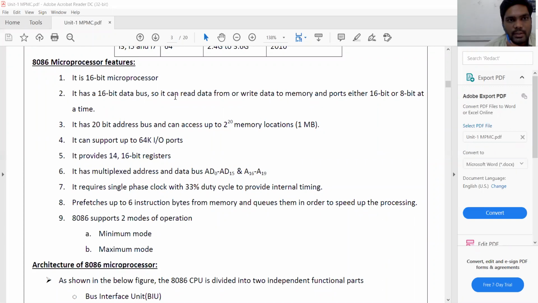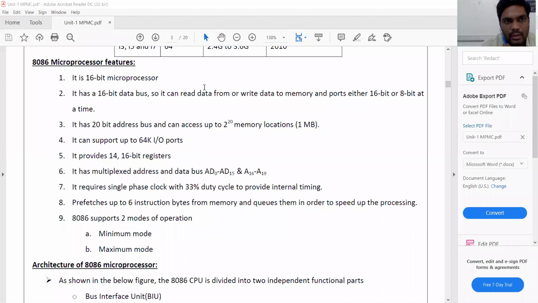So, 8086 microprocessor features. As I told you, it is the first 16-bit microprocessor that was introduced by Intel. Before this, all the microprocessors that were invented were only 4-bit or 8-bit.